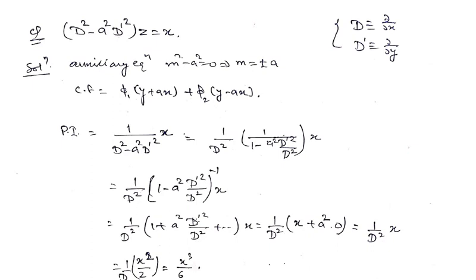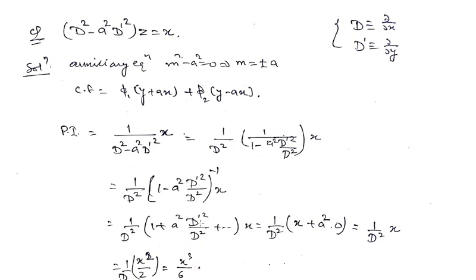Here, if we have D prime in the numerator, it means differentiate the function with respect to y, or if we have D in the numerator, it means differentiate the function with respect to x. Similarly, if we have D in the denominator, it means integrate the given function with respect to x, or if we have D prime in the denominator, it means integrate the function with respect to y.